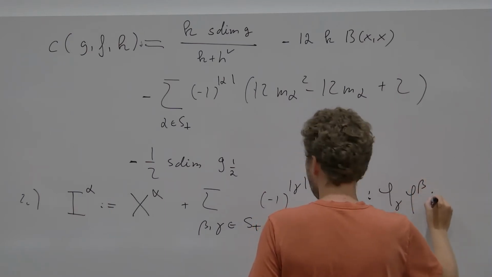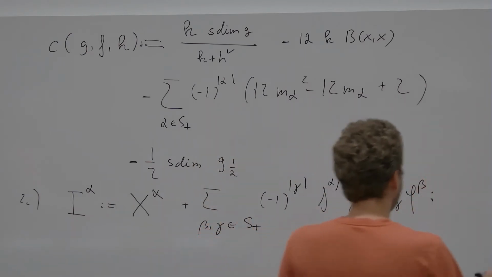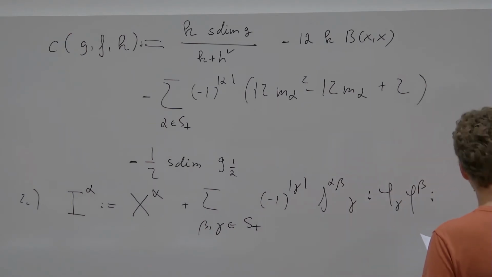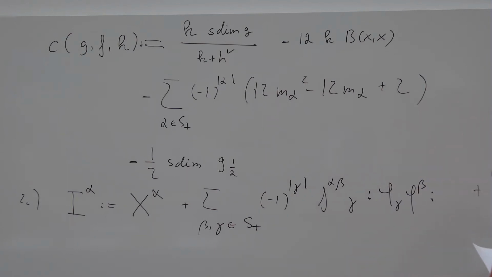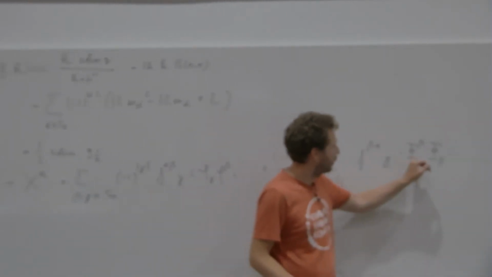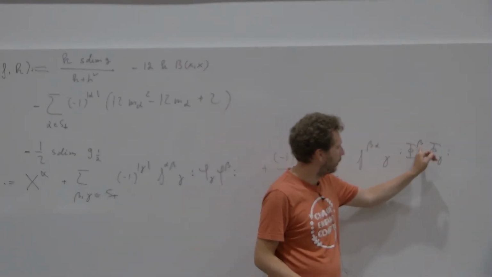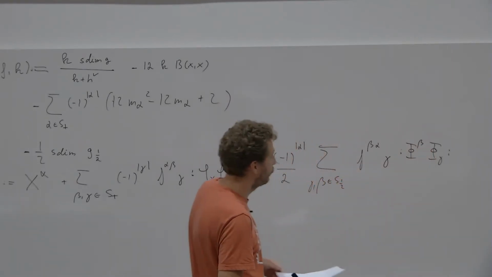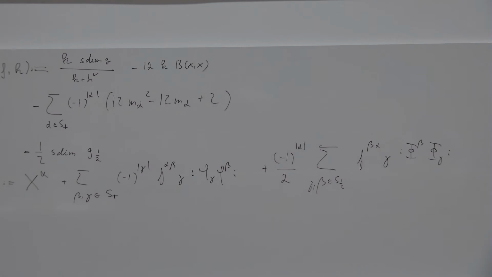So here you have a certain bilinear in the fermions, and you have another certain bilinear in the other type of fermions, free fields. And here again, this upper index means it's the field phi corresponding to a vector dual to the vector q beta, dual with respect to the bilinear form that we use.